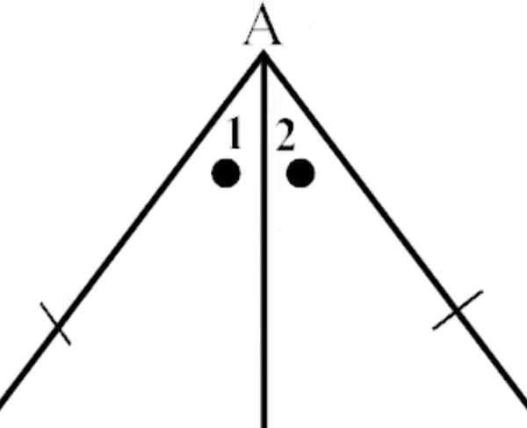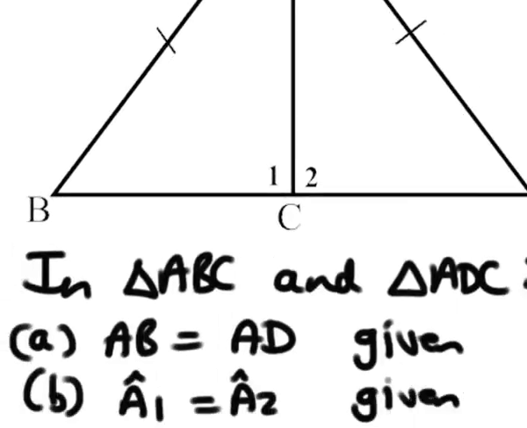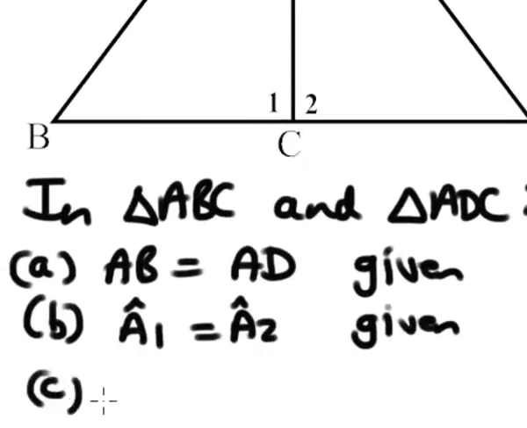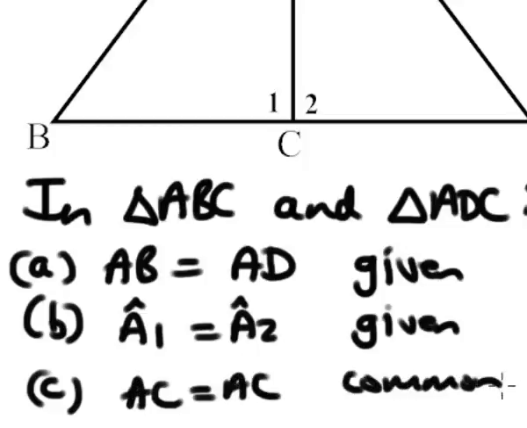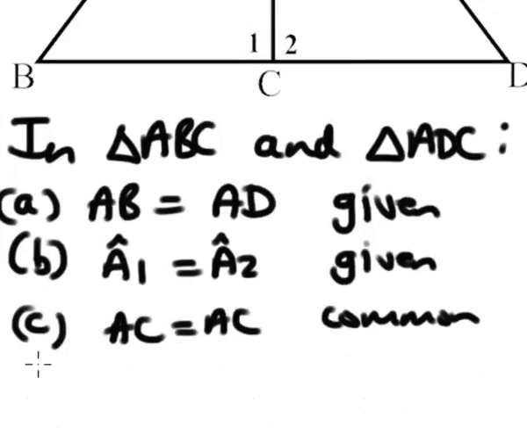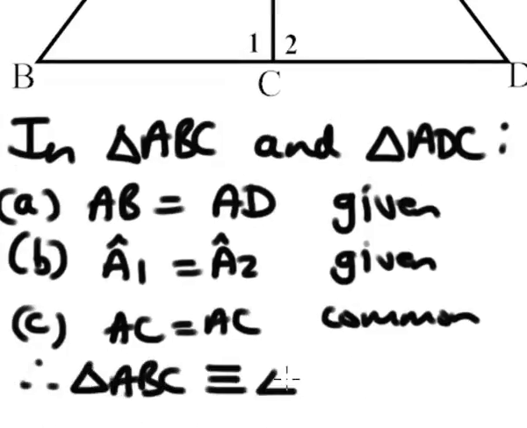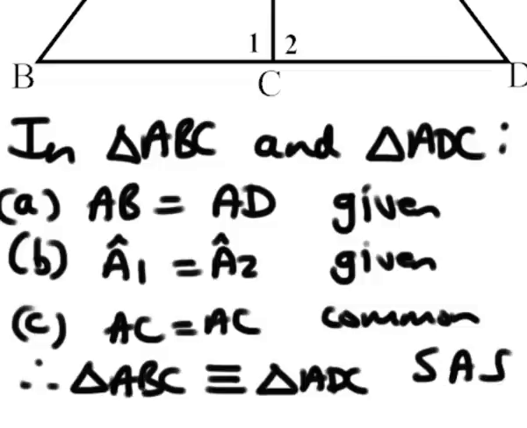Angle A1 is equal to angle A2. The dots indicate that they're equal. That's given. And then the third thing we've got is AC is equal to AC. That is common. And if we've got that, we can say that therefore triangle ABC is congruent to triangle ADC. And what is the reason for that? The reason is side, included angle, side.